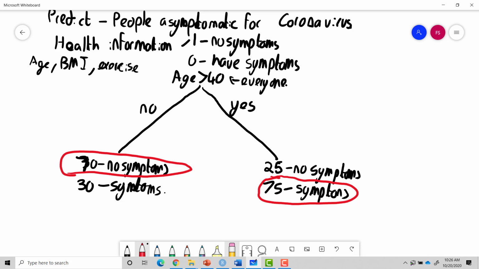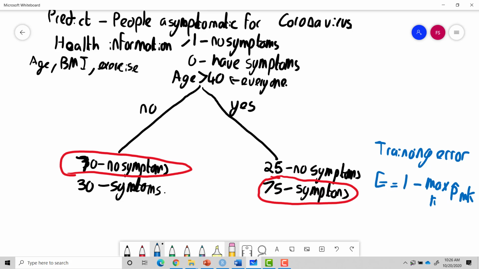Now, how do we evaluate how good our training error is? Let's go back to my black pen. Let's do a blue pen. My training error is going to be 1 minus max over k of p_mk. What does this mean?